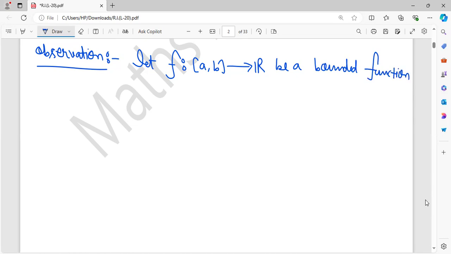When we define the Riemann sum, we do not consider f to be bounded, but here we are taking f to be a bounded function.